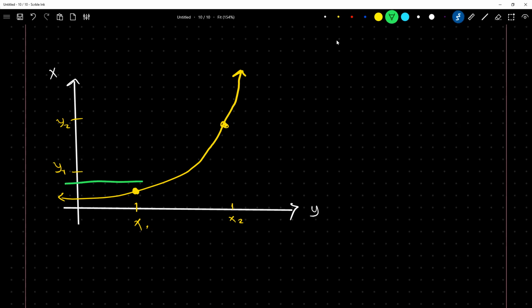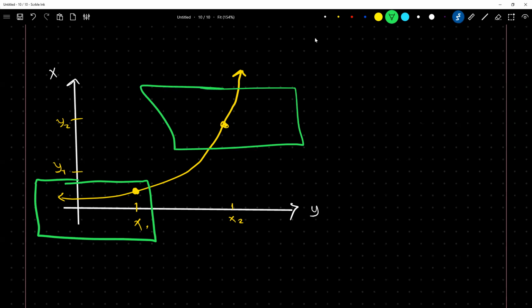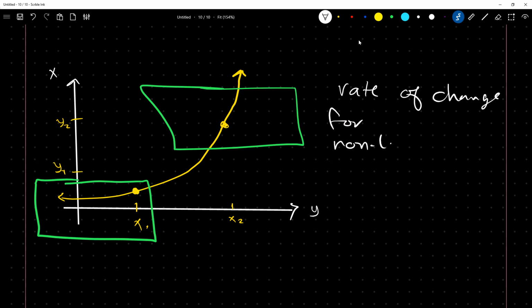So you can see, over here, this part of the graph is not as steep as over here. So in other words, the rate of change for the nonlinear function is not constant. And so how can we describe the rate of change if we don't have a mechanism by which we can do that?